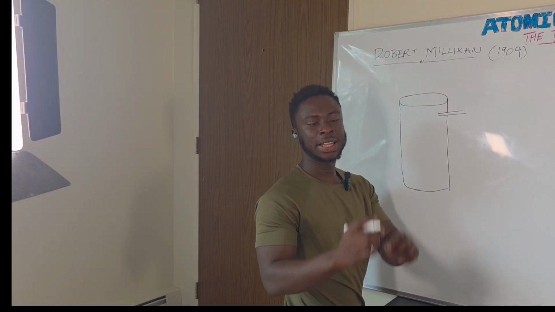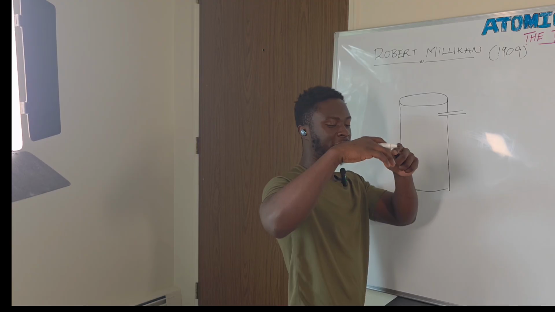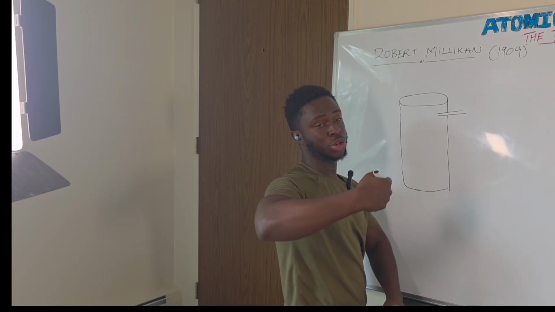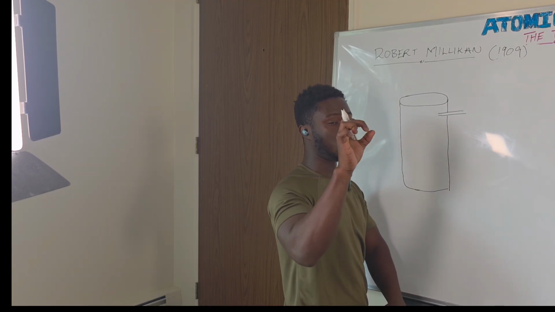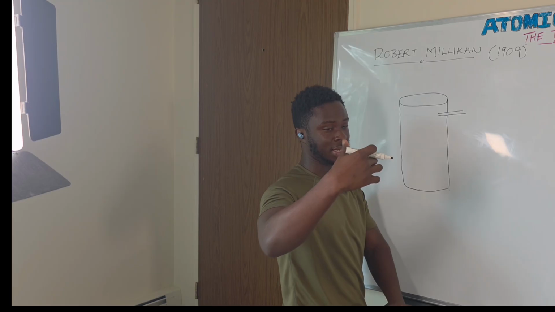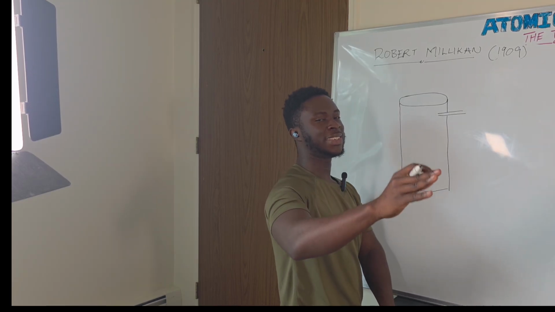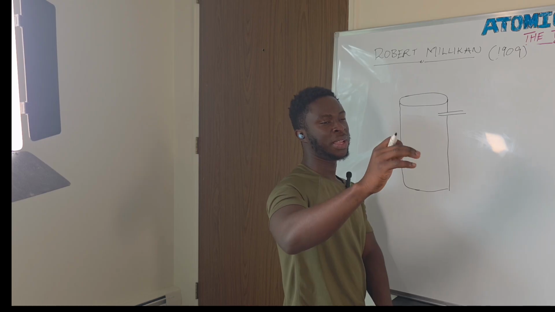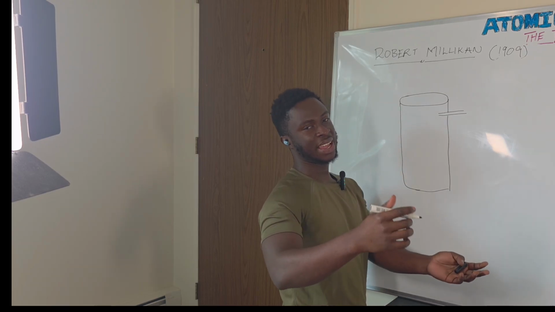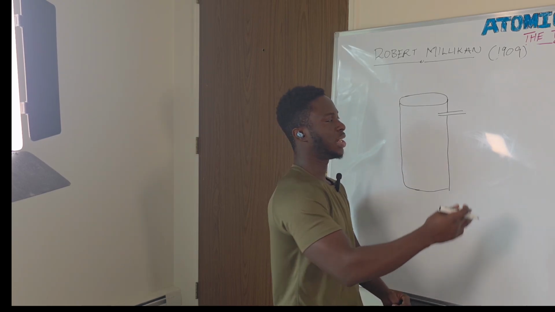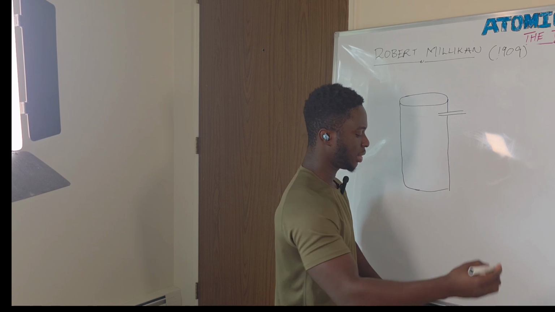An atomizer is basically the head of a spray. Like when you have a spray, a deodorant or a perfume, the top of it is called the atomizer because it pulls up the liquid and splits it into tiny particles, like air.